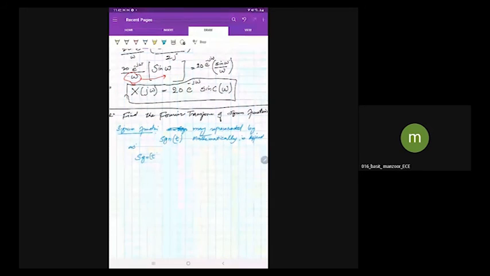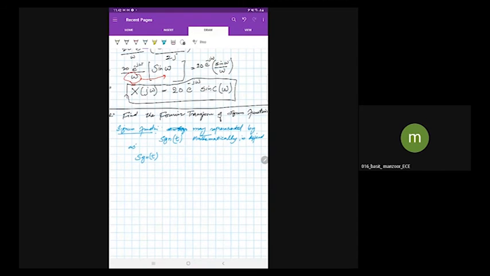SGN of t would mean signum function with an independent variable of t. So signum function is equal to -1 for t less than 0, then it is equal to +1 for t greater than 0.